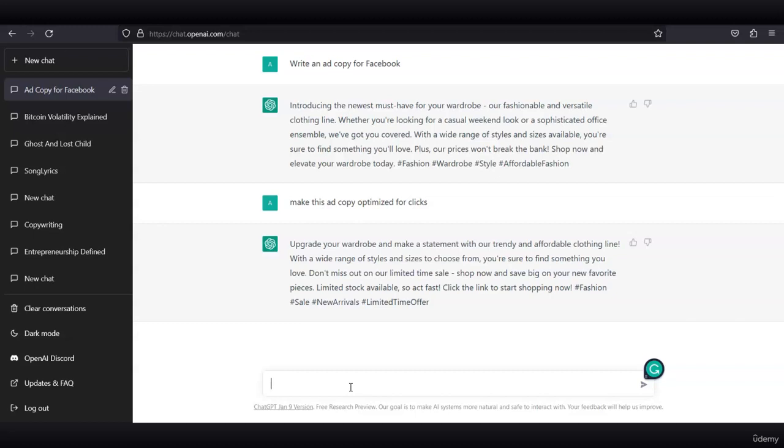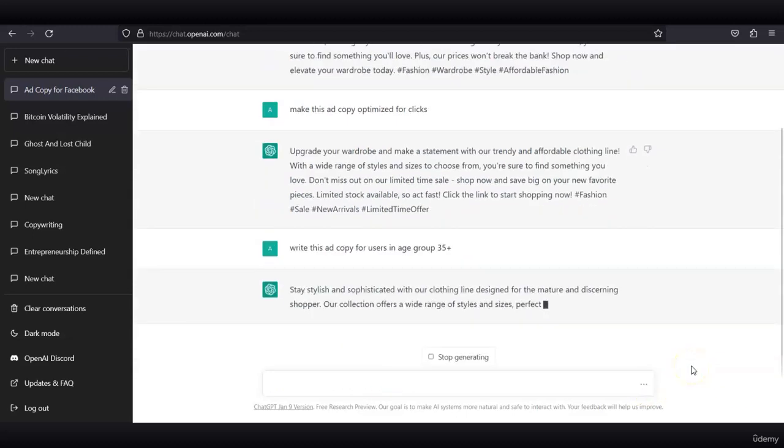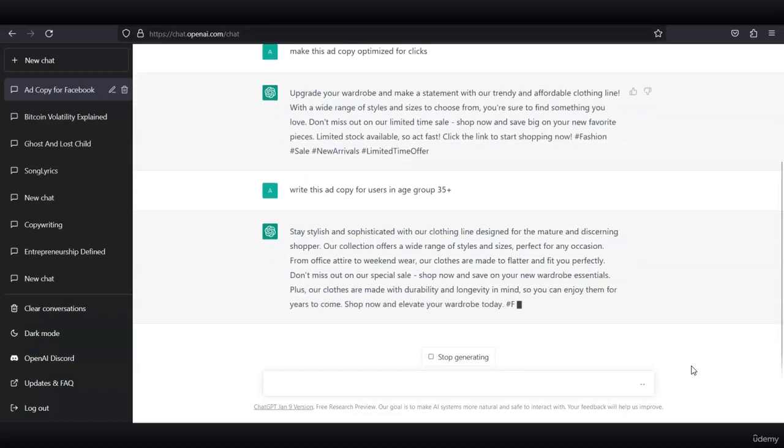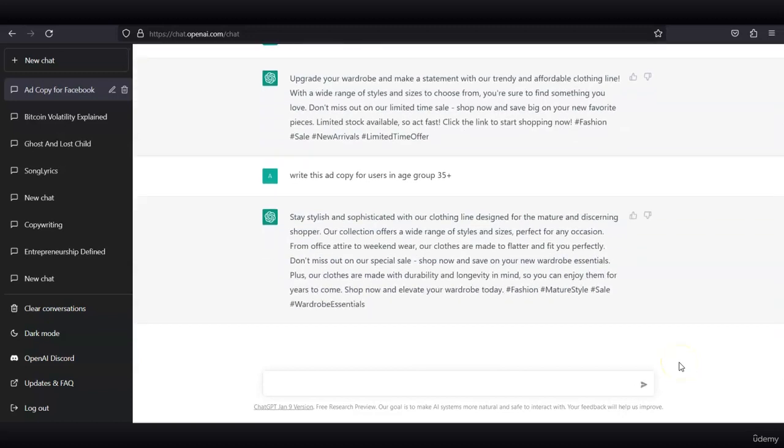But what if we want to be even more specific and say that we are targeting only people that are 35 plus, so those aged 35 and above? When writing ad copies, you know that you cannot target everyone, so you have to have a specific target audience in mind.